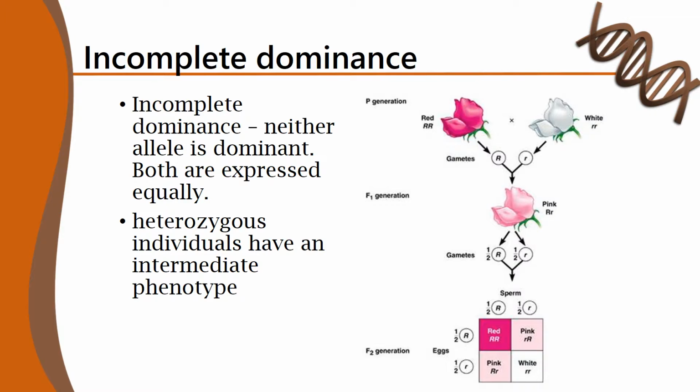So the example to the right is in rose color. And if you breed a red rose with a white rose, you'll end up with a pink rose, with pink being sort of in the middle of white and red. So you often notice an incomplete dominance question when there's a blending of the traits.